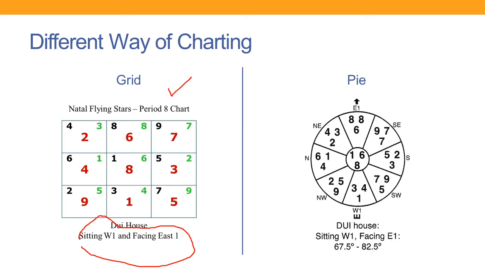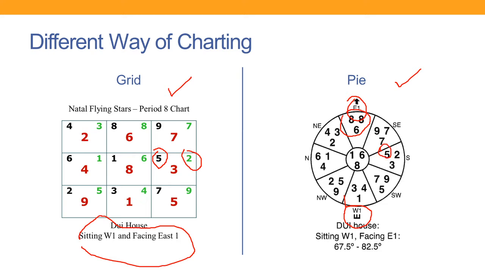If you use a pie charting method, this is what you see. It's basically the same. You will see that they're sitting on west 1, facing east 1, and all the numbers here, the mountain stars and the water stars, are basically the same.